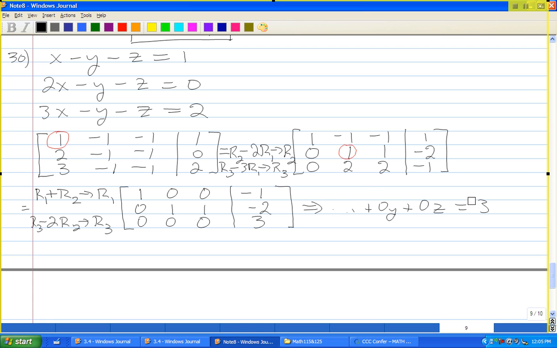So this says 0 equals 3. Can 0 equal 3? No. And so that means that this is an inconsistent system.